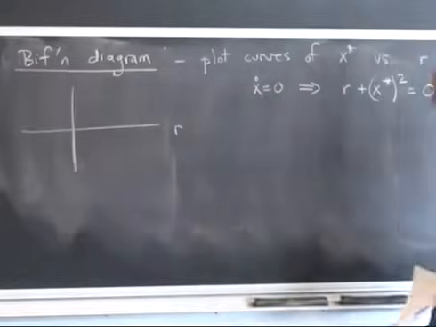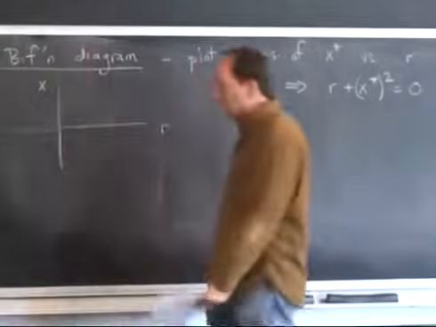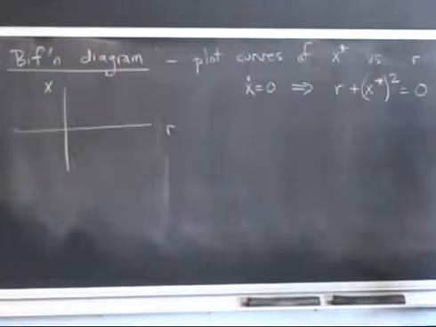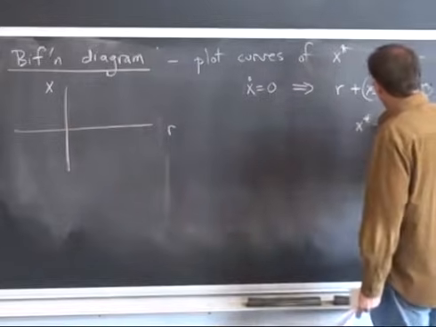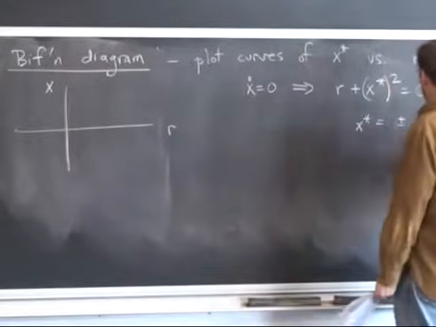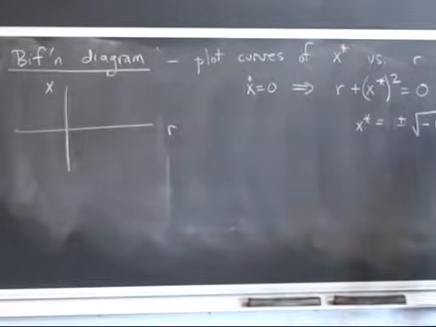And so the graph of that, x star would be plus or minus the square root of negative r.